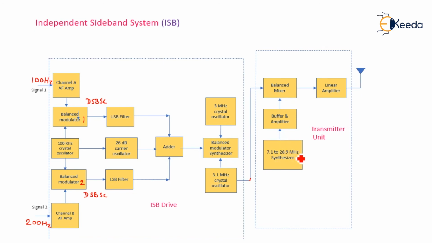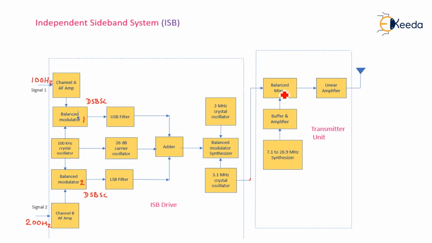This frequency is generated here, and it is sufficiently boosted by the buffer and amplifier. The buffer improves the driving capability of the circuit of the particular device, and the other function is amplification. It is coupled to the balance mixer.